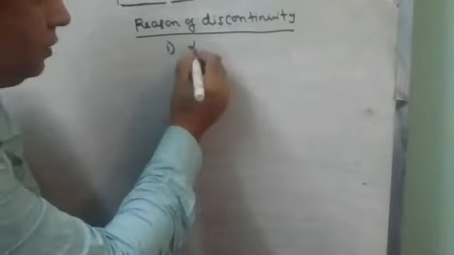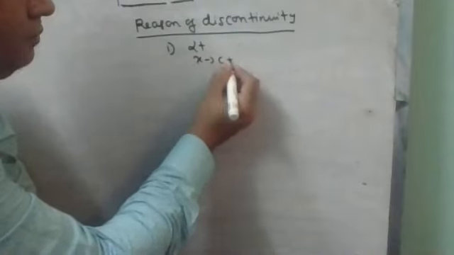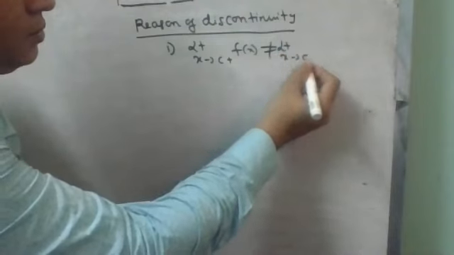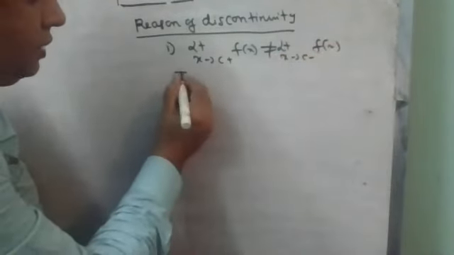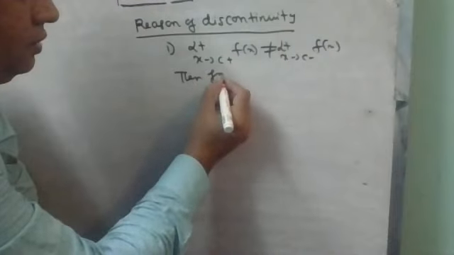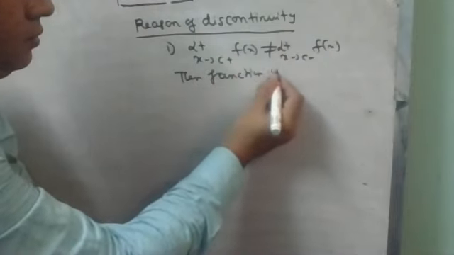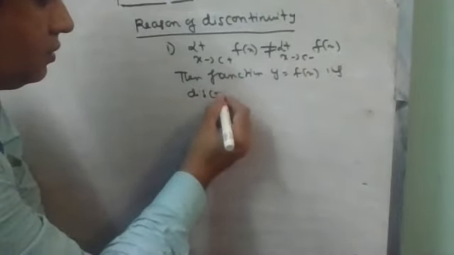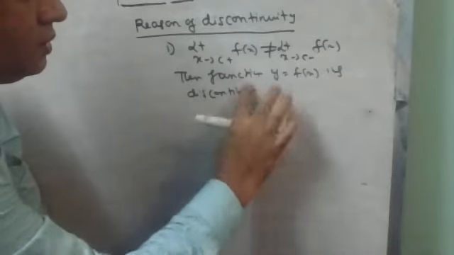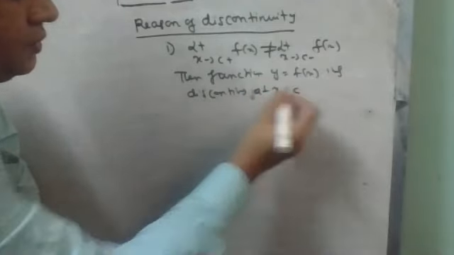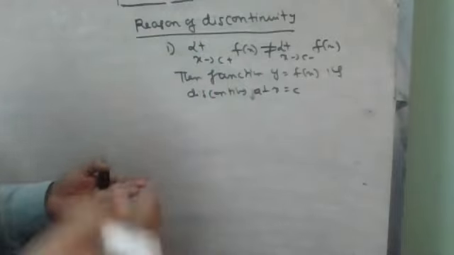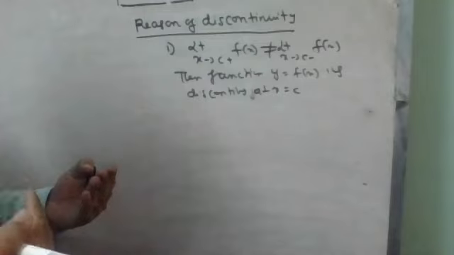First of all, if you get limit x tends to c plus f(x) not equal to limit x tends to c minus f(x), then function y is equal to f(x) is discontinuous at x is equal to c. So that is one reason. This property we were taught even in the limit chapter.